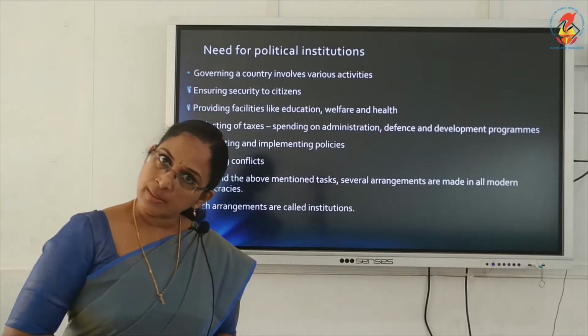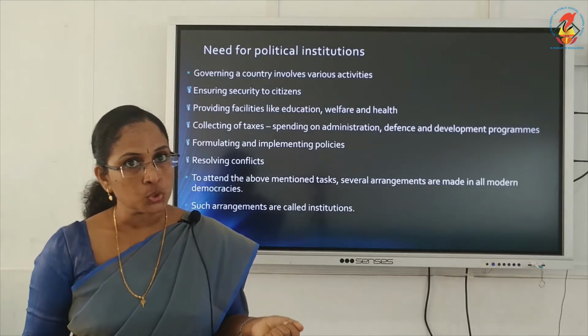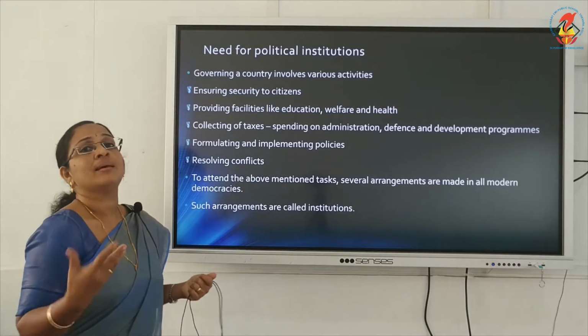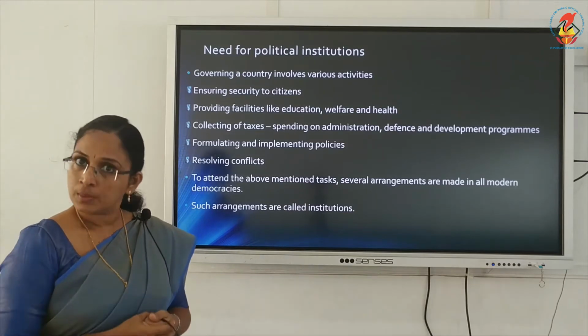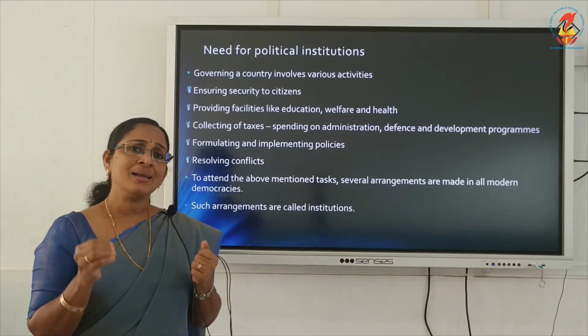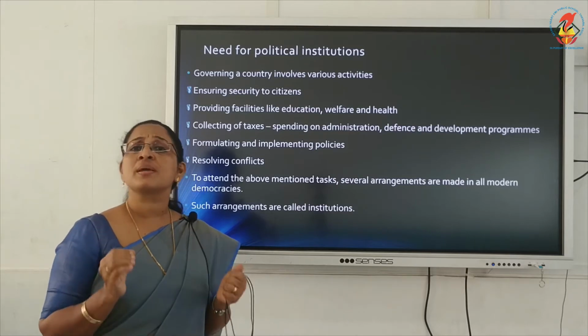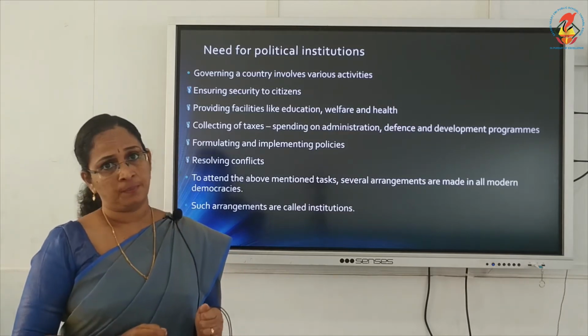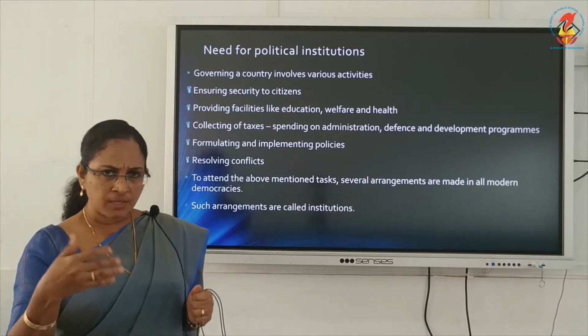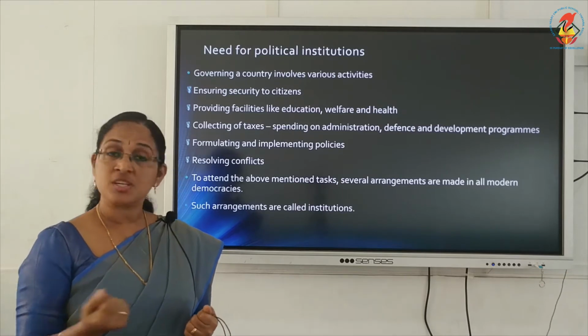Government collects different types of taxes, children, direct and indirect taxes we are paying to the government, and that tax amount the government spends on construction, development, and defense expenditure.